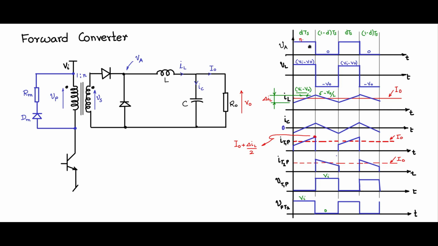So let us make that change, N times VI, and then during the time when this is off, the inductor will freewheel through this diode, and the potential of VA with respect to the output ground would be 0. So this will be the VA waveform.